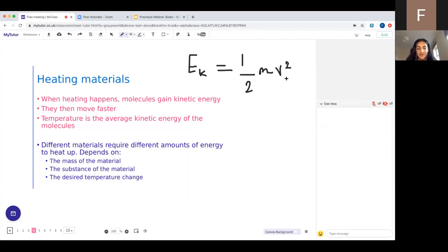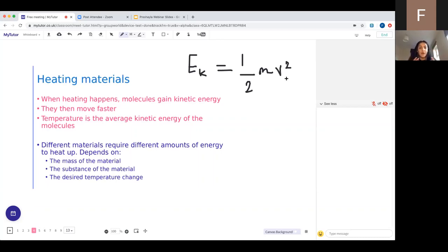However, on the opposite end of the spectrum, if the molecules are moving slowly, they don't have a lot of kinetic energy and they have a low temperature. So temperature can now be defined as the average kinetic energy of the molecules. The reason we say average is because they could be vibrating at slightly different speeds. So that's our new definition for temperature.